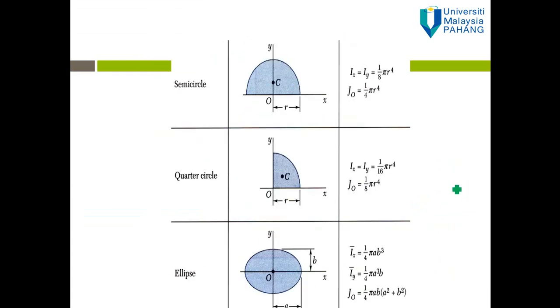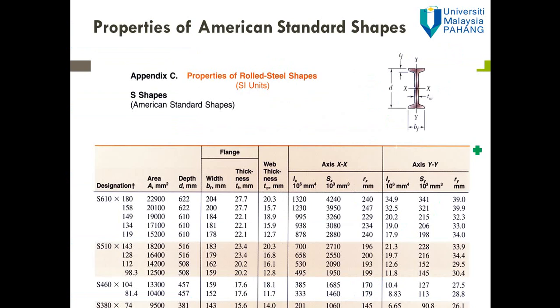Okay, so there is another simple shape where the I can be directly calculated using the given equation, depending on which axis the beam is subjected to moment. And last but not least is the properties of American standard shapes of beam.